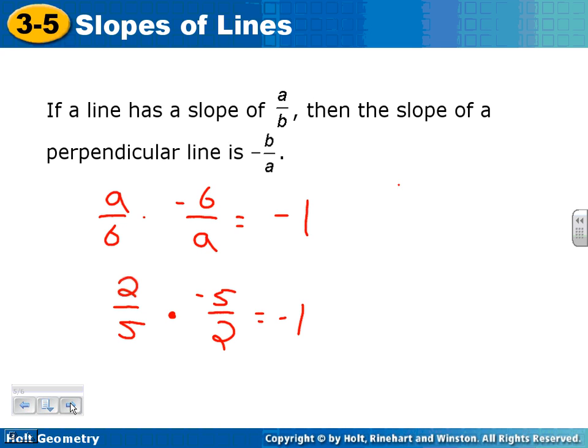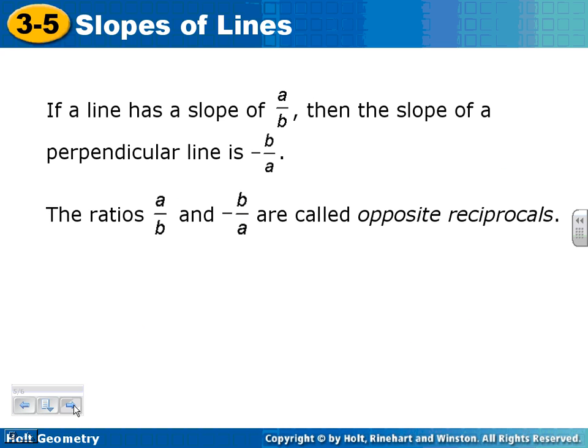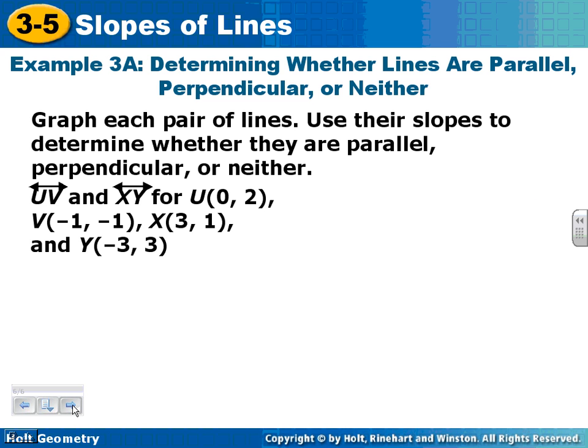Let's do another one. 4 and -1/4. If you multiply those, it makes -1. How about 1/2 and -2 over 1? Multiply those and you get -1. That's the slopes of perpendicular lines. Those are called opposite reciprocals.